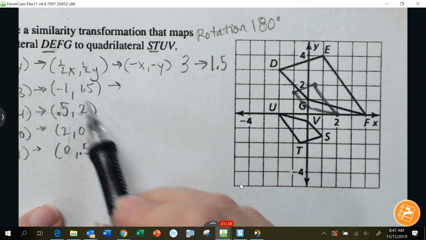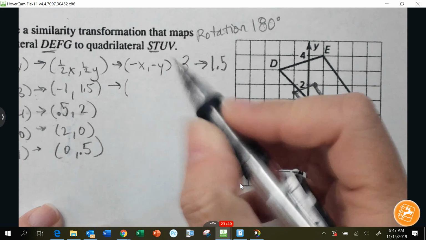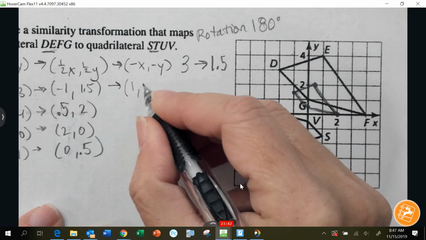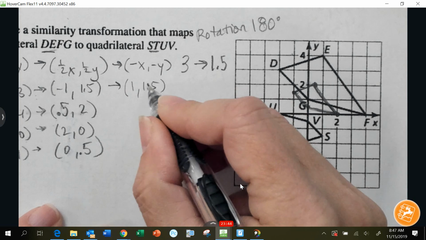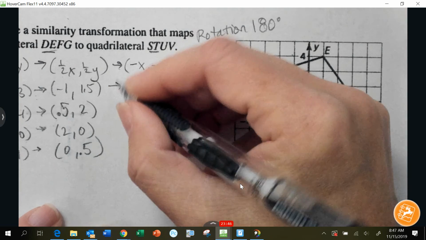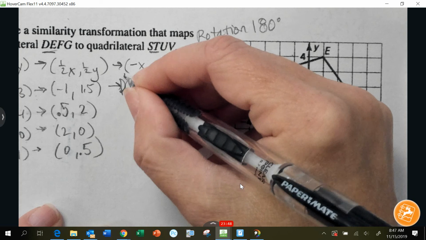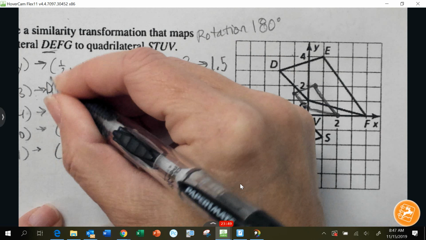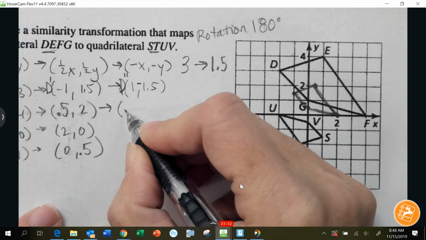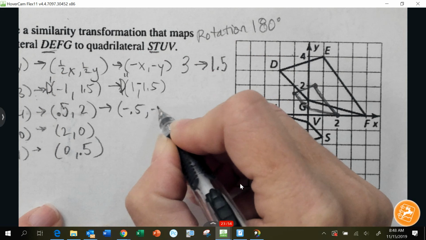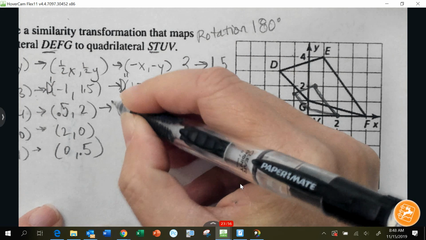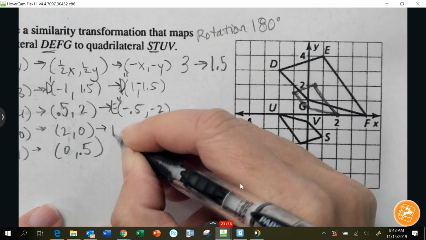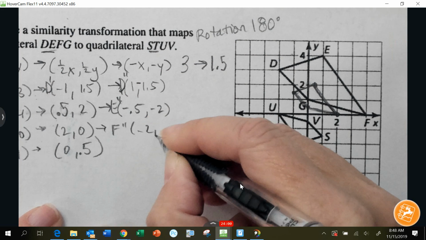Okay, so now I'm going to take these points and I'm just going to change their signs. So we'll have 1, negative 1.5. Sorry, this is D double prime. I didn't write my D prime in there either. Negative 0.5, negative 2. E double prime: negative 2, 0.